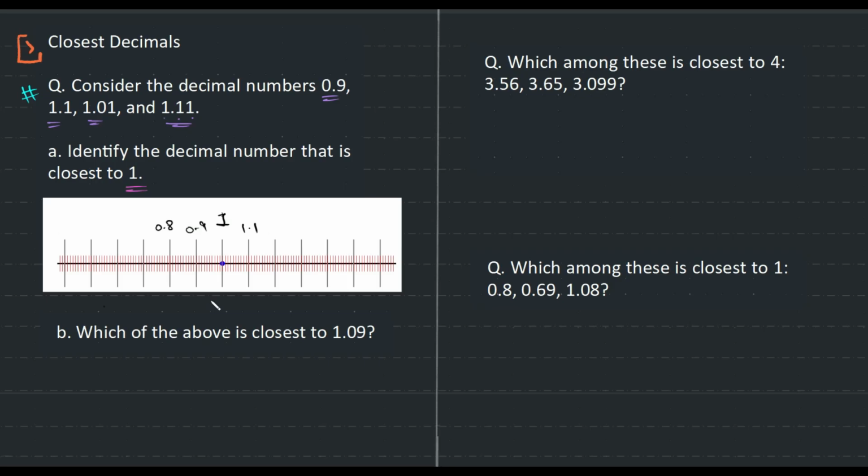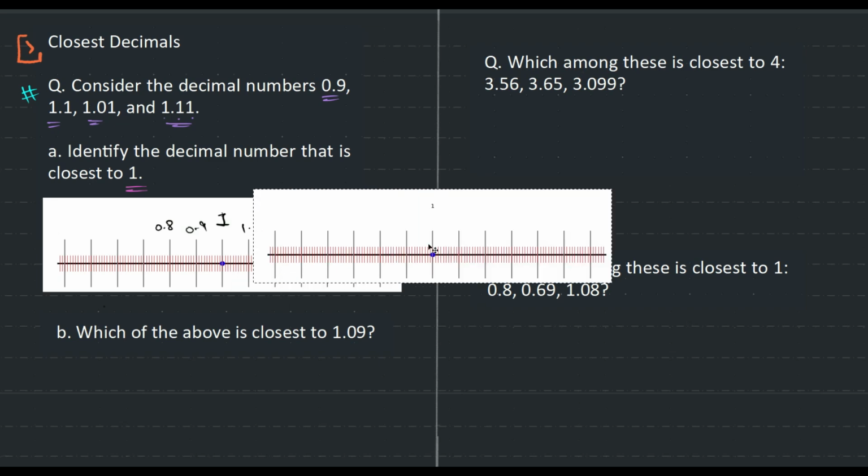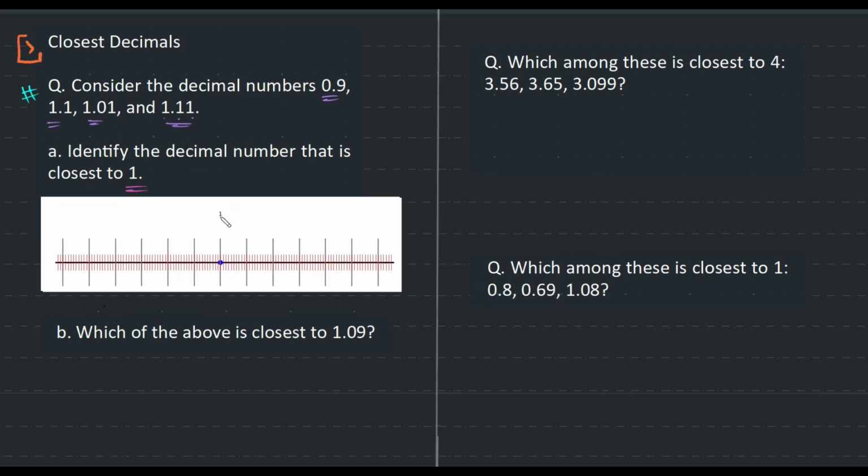Where will 1.01 be? It will be between 1 and 1.1, is it not? So this is 1, this is 0.9, 0.8, 1.1. 1.01 will be over here.